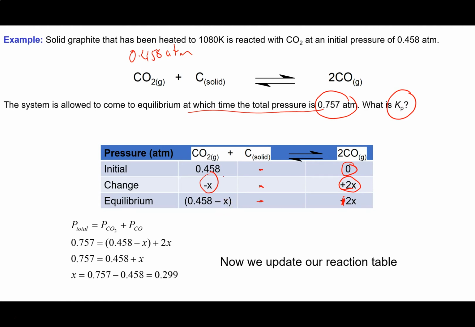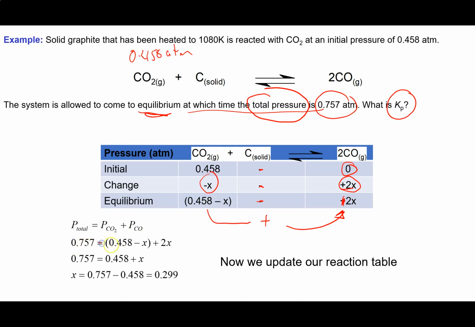So they gave you a little bit of a hint. They said that the total pressure is 0.757 atm when it comes to equilibrium. So that means if I take this and I add to it the 2x, the total will be 0.757 atm. So I can solve now for x. The total pressure is the pressure of the CO2 plus the pressure of the carbon monoxide, and that equals 0.757.